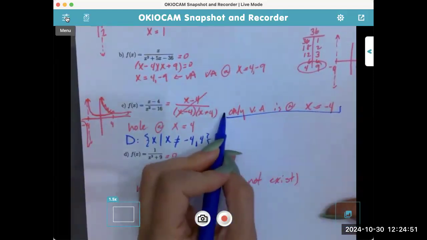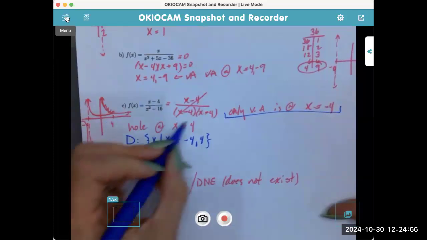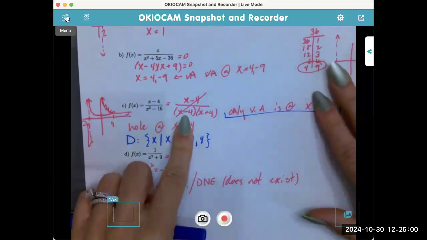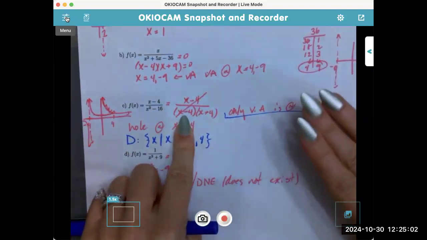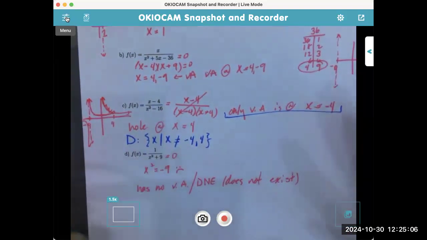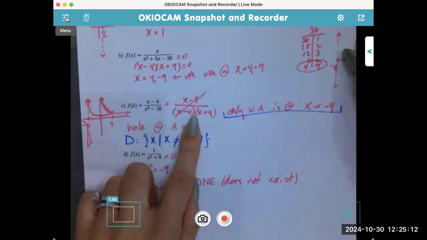Keep in mind there's only a vertical asymptote at negative 4, because 4 has the hole because these two terms canceled out. They went into the cloud, so to speak. The information is there, it's just no longer on your computer, it's in the cloud. It's a hole in the graph because it reduced out. It went away.